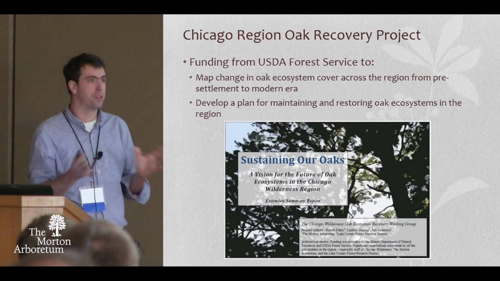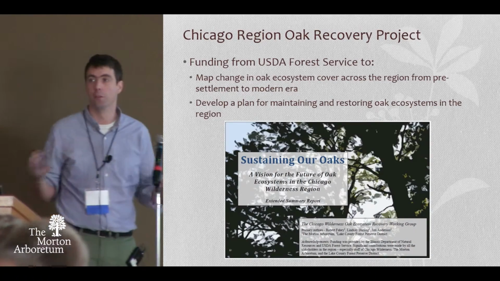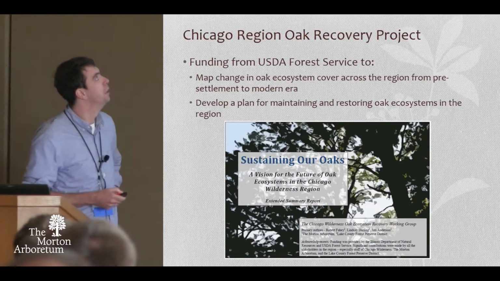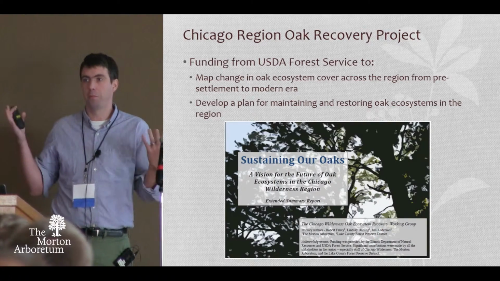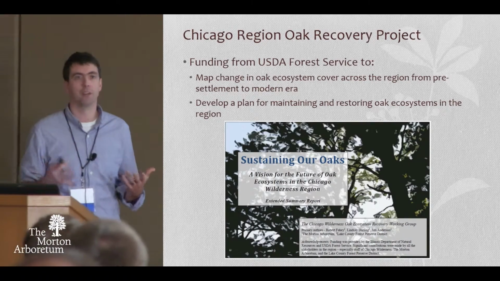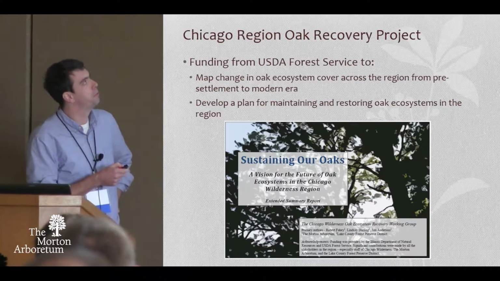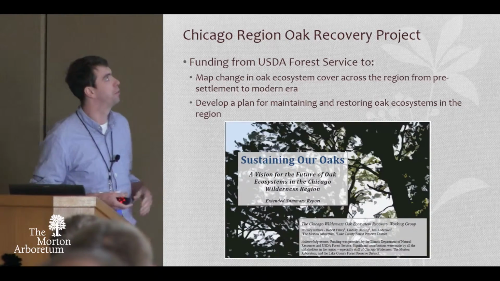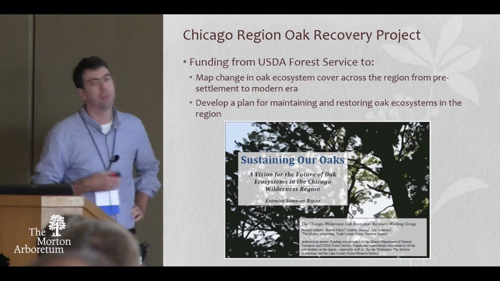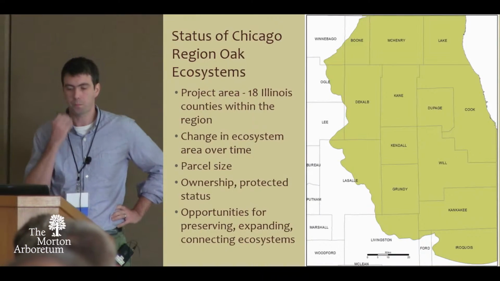And people in the Chicago region said, well, let's come together and do something in our region, in this urban metropolitan region, to try and understand how we can maintain oaks in a place where we have 9 million people, but we also have these remnant forests. So we got funding from the Forest Service to map where the oak ecosystems are that are left, and then develop a plan for how we might maintain oaks within this region.